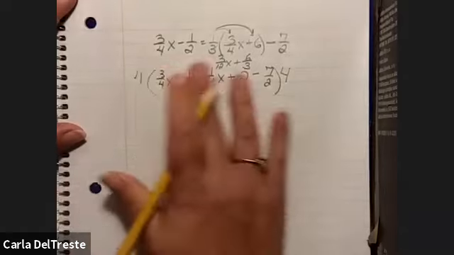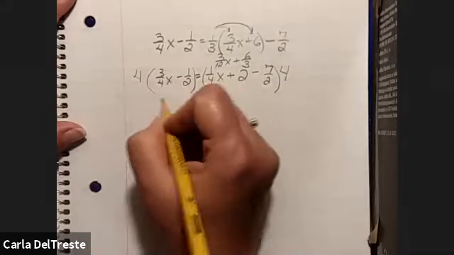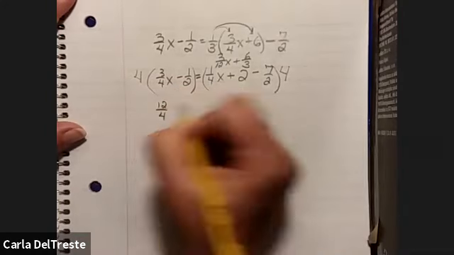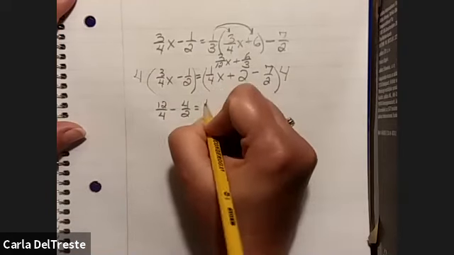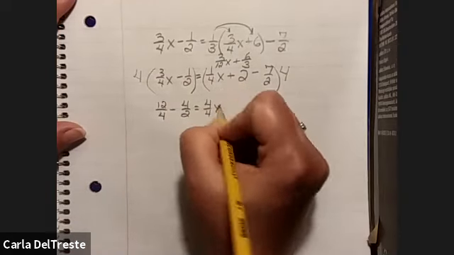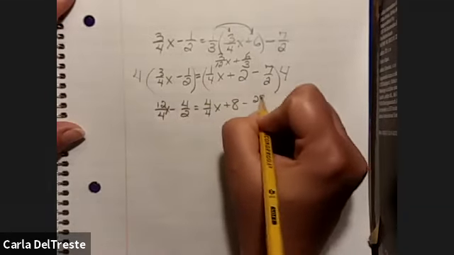Multiply everything by 4. This is going to be 12 over 4 minus 4 over 2 equals 4 over 4 x plus 8 minus 28 over 2.